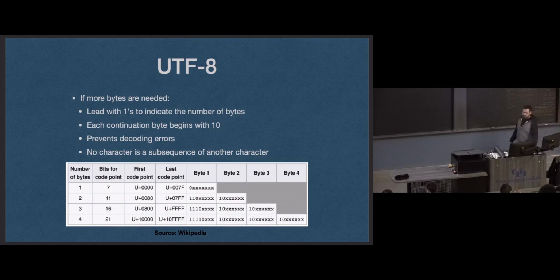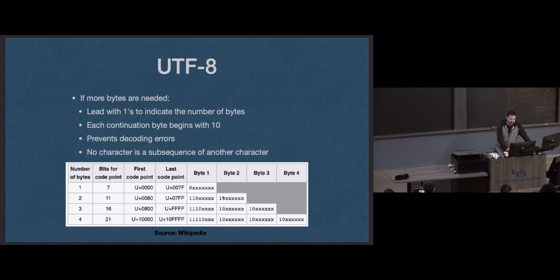If we need more bytes, the first byte of that character will start with a number of 1s equal to the total number of bytes. So if I have a 2-byte character, I need 2 bytes to represent this character. I'm going to start with 1, 1, and 0. So I start with 2 leading 1s, and that means this and the following byte both encode the same single character.